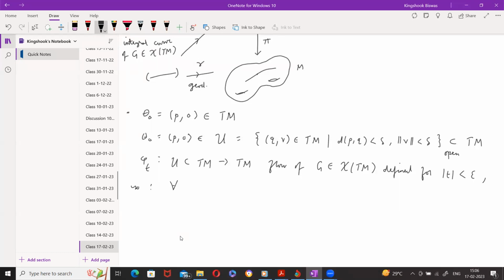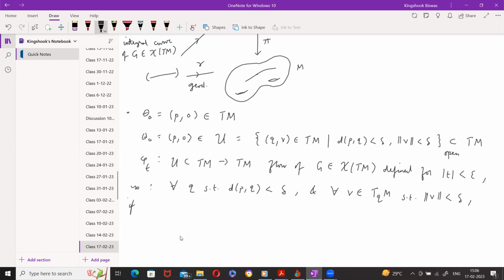So for all Q such that distance PQ is less than delta, and for all V in T_QM such that norm V is less than delta.